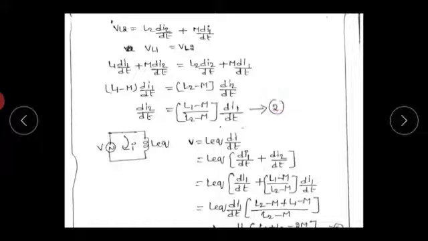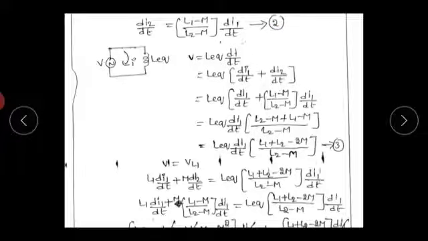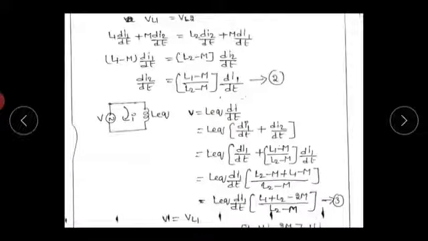This is equation number 2. So this is the equivalent circuit. Here L equivalent is the equivalent inductance of the parallel combination. You can write the equation V equals L equivalent into di by dt. From equation 1, di by dt equals di1 by dt plus di2 by dt. So V equals L equivalent into di1 by dt plus di2 by dt.